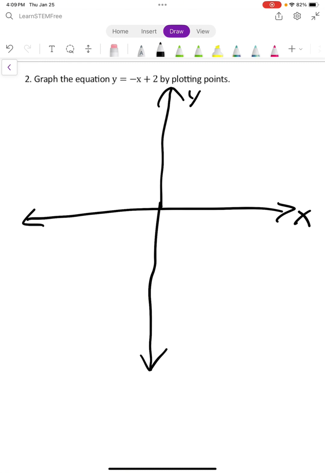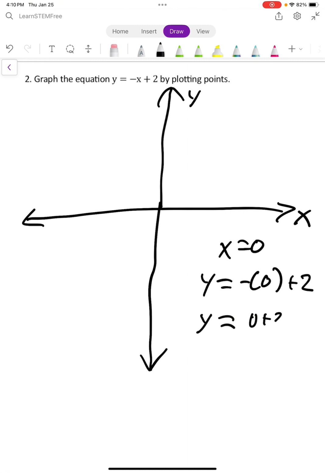For the first point, I'm going to say x is going to be 0. So when we do that, we have -0, because that's what we substitute in for x, plus 2. Negative times 0 is 0. So 0 plus 2, and then y is going to equal 2.